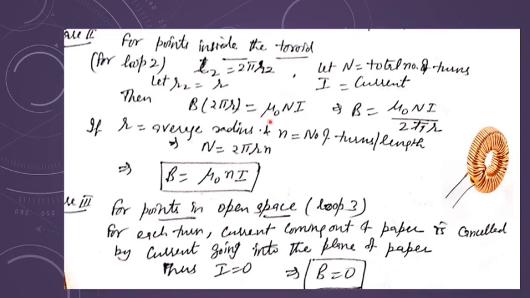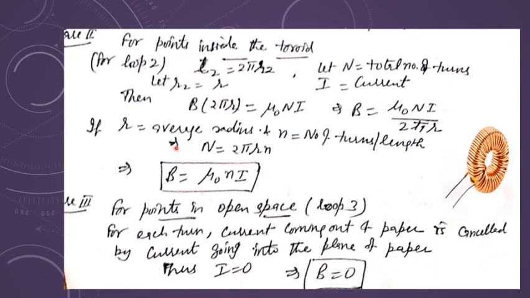So you take mu naught N I because I have N number of turns. They are coiled insulated copper wire, but a solenoid is just made in the form of a ring. The second point is here in the middle of these wires, like we are trying to show the field here in the center. So you can equate both these equations and find the value of the magnetic field.